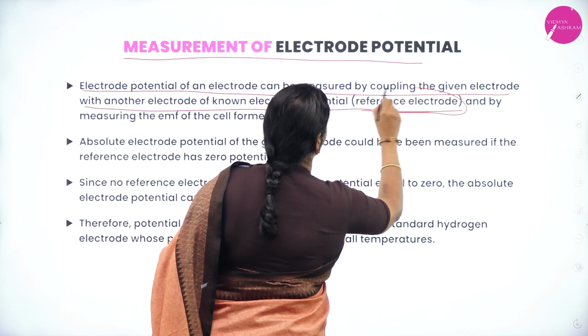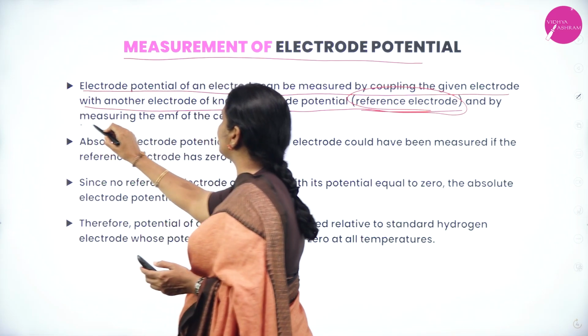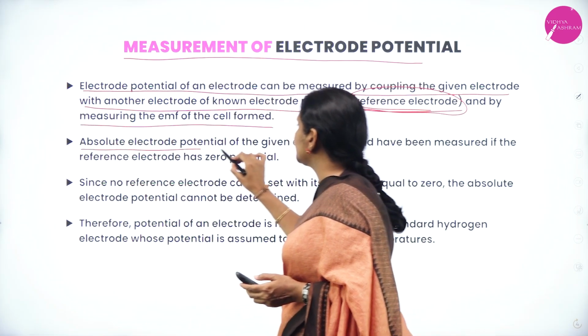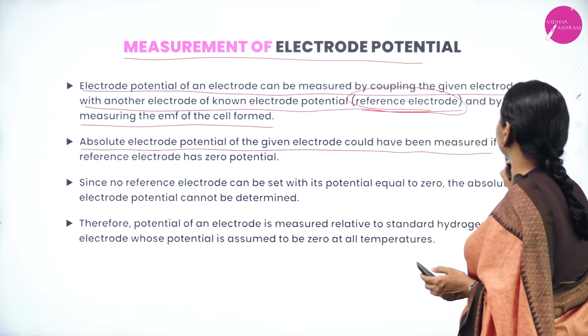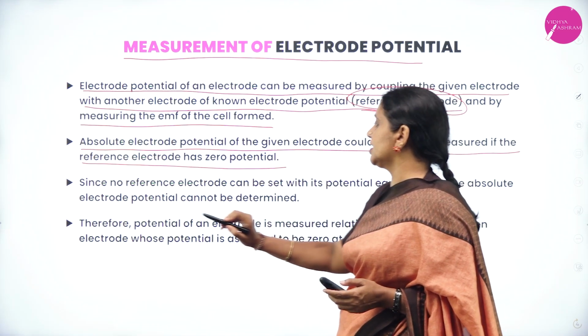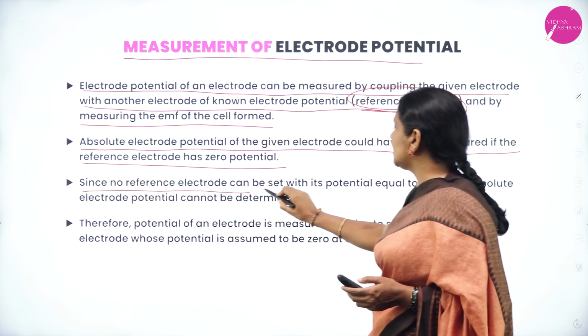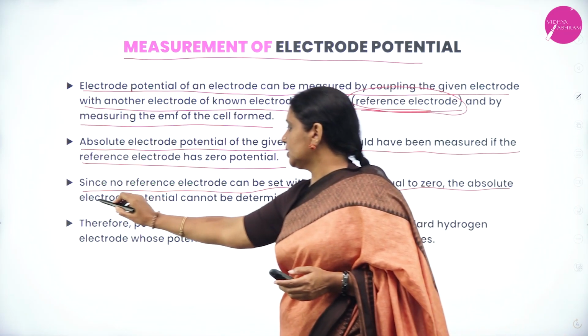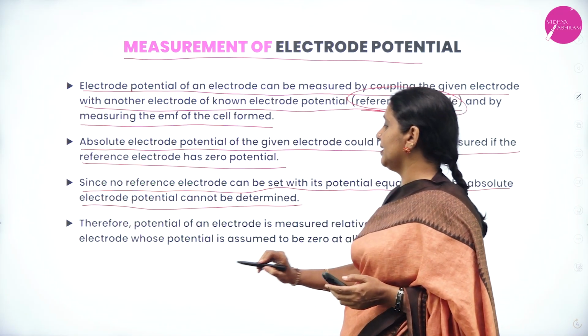So, electrode potential of an electrode can be measured by coupling the given electrode with another electrode of known electrode potential, called the reference electrode, and by measuring the EMF of the cell formed. Absolute electrode potential of the given electrode could have been measured if the reference electrode has 0 potential. Since no reference electrode can be set with its potential equal to 0, the absolute electrode potential cannot be determined.